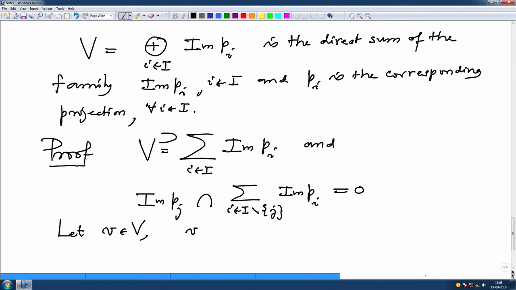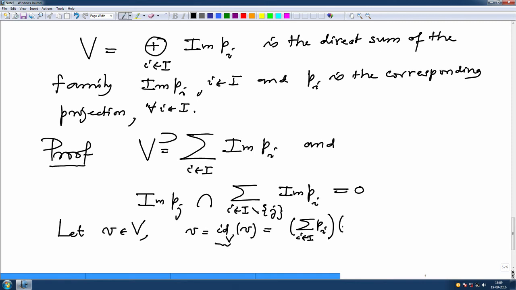v equal to v is the same as the identity operator operating on v. But we have been given condition 1, that the summation of Pi is the identity. So therefore, this identity I will replace by the summation of Pi. We have been given that this family Pi is summable. So therefore this sum makes sense, and that sum is the identity, the first property.